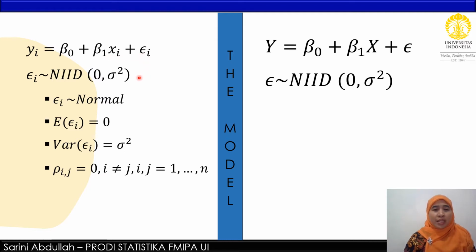And we have the assumption that each error term, for each observation i, is independent and identically normally distributed with a mean of 0 and a variance of sigma squared. The variance does not have the index i, which means it's a constant variance, the same for all i from 1 to n.